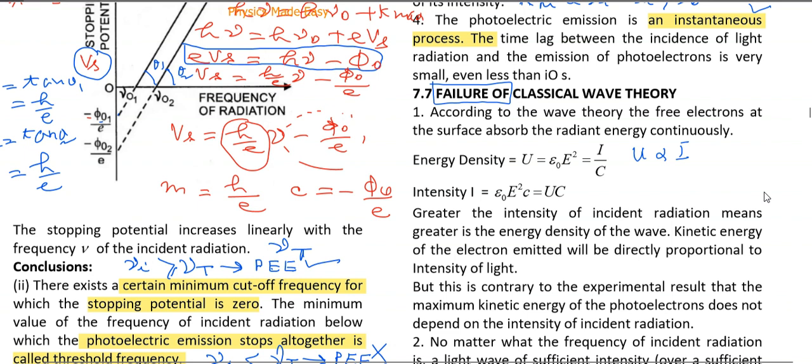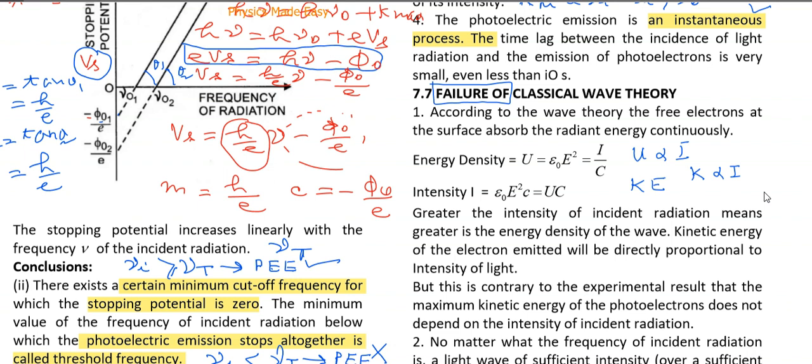from this relationship, they expected that in the photoelectric effect, the kinetic energy of the emitted electron, I will write it by K, is directly proportional to intensity. This gives us this sense. This is what was predicted by classical mechanics.